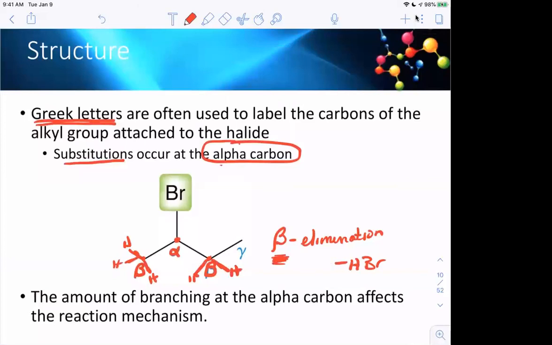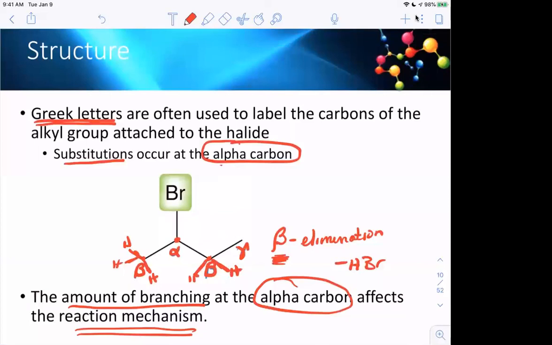And you will become aware that the amount of branching at that alpha carbon affects the type of reaction mechanism that the substrate, which is the alkyl halide, undergoes. So that's going to become very relevant later, that you know not only if it's primary, secondary, or tertiary, but also how to identify the alpha and the beta. The third carbon is called gamma.